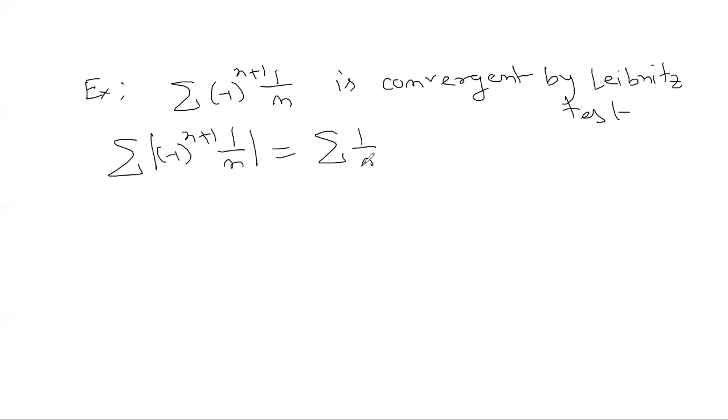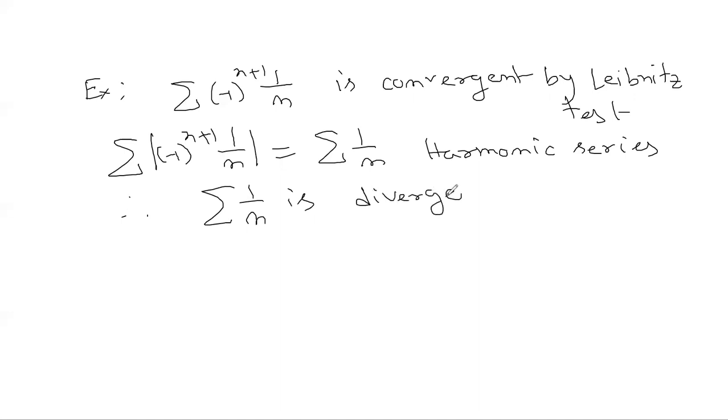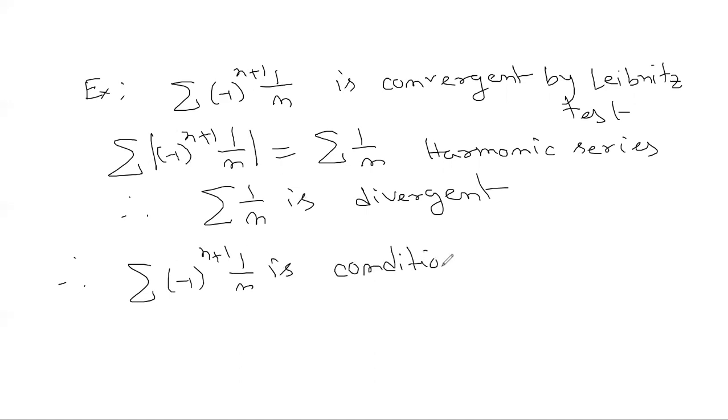It is 1 by n, which is a harmonic series, that means a p series with p equal to 1, which is always divergent. So what is our conclusion? The given series is convergent, but the series of modulus of un is not convergent. So the given series is conditionally convergent.